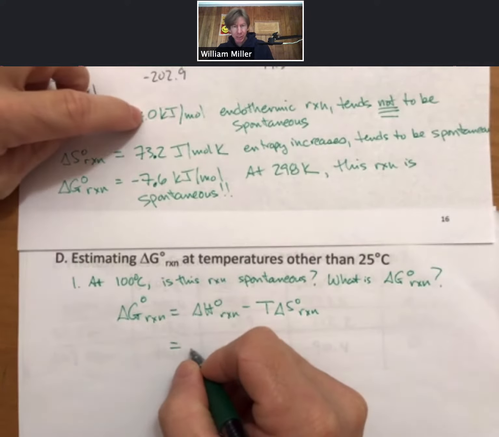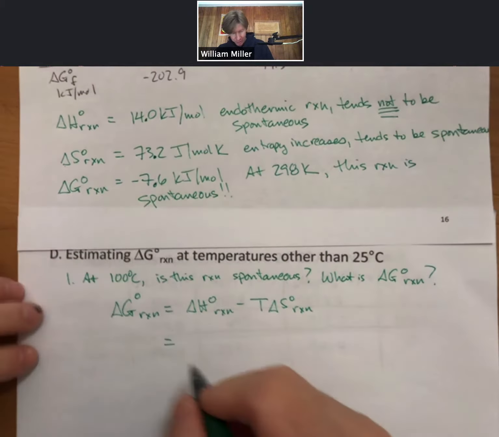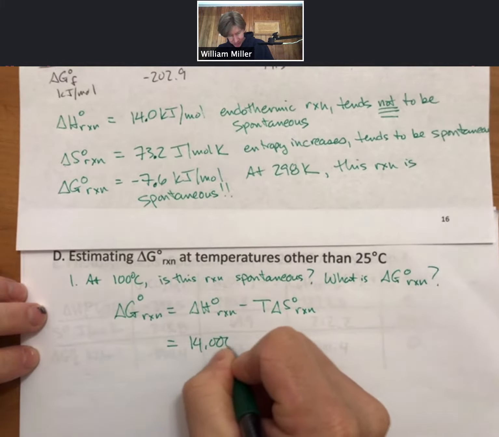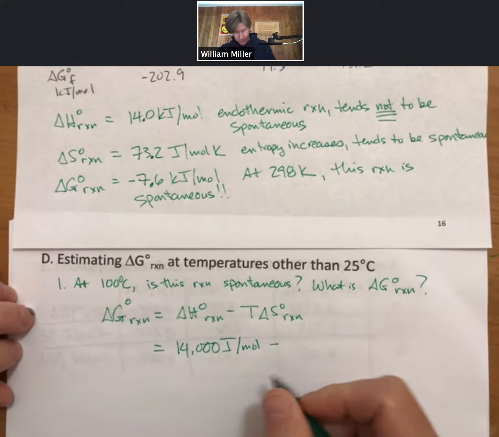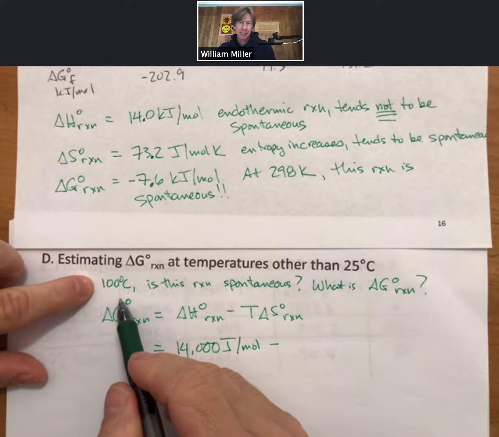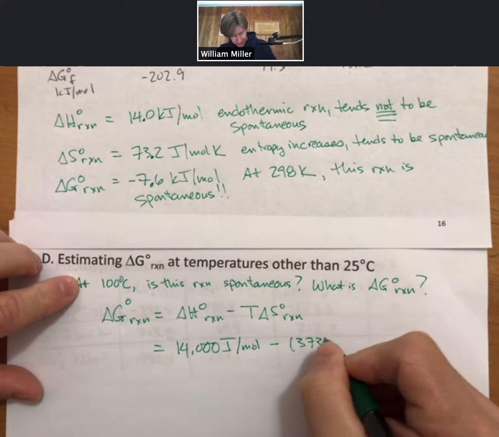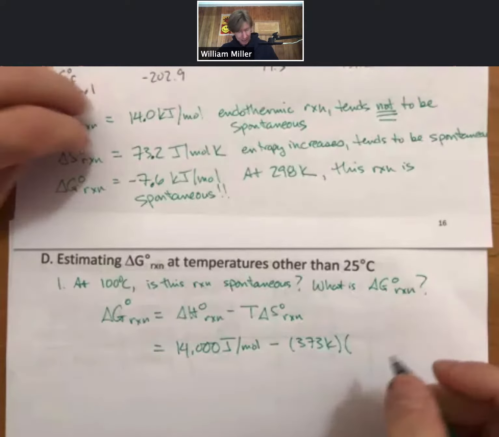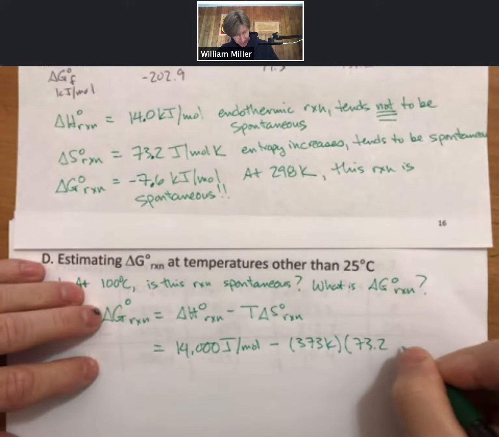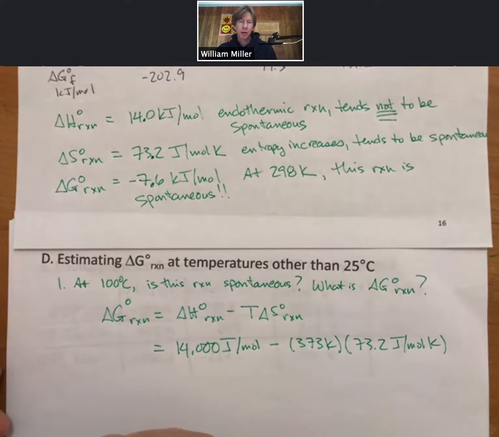So 14.0, there's a dot in there. 14.0 kilojoules per mole is 14,000 joules per mole. Our temperature is 100 degrees Celsius, which is 373 Kelvin. And our delta S is 73.2 joules per mole Kelvin.